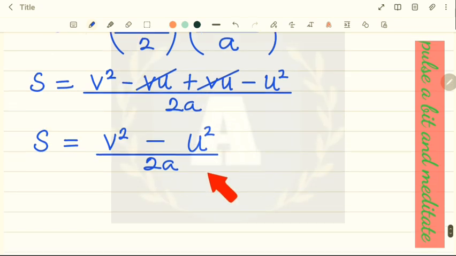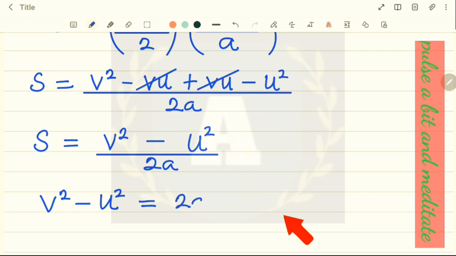So when we rearrange this equation, we will have that V squared minus U squared is equal to 2AS.